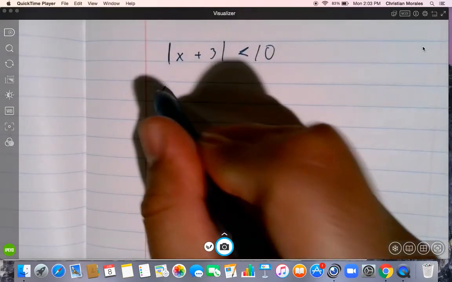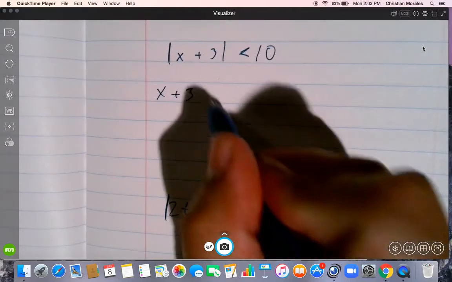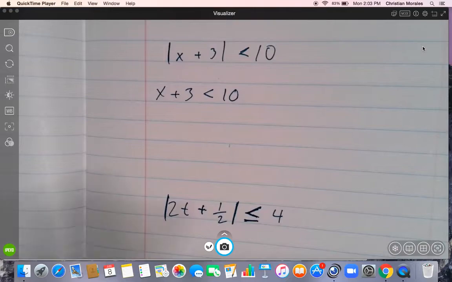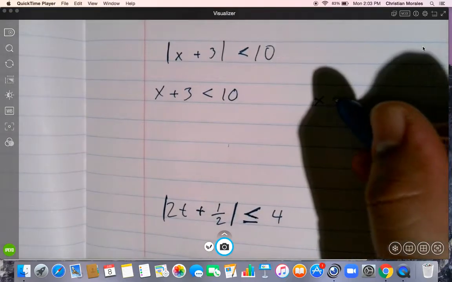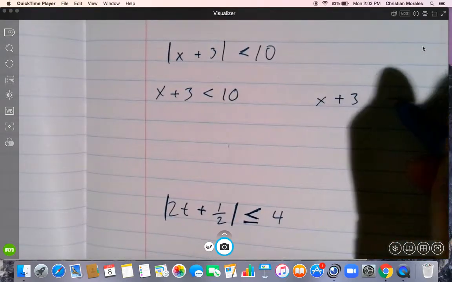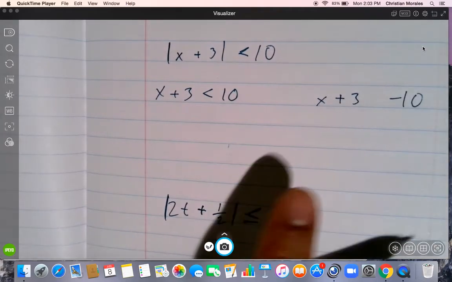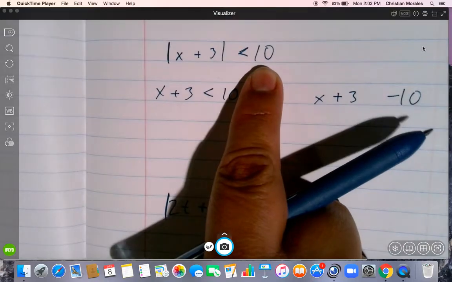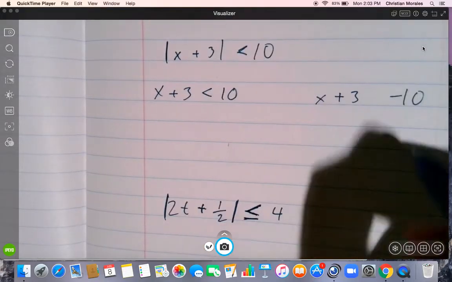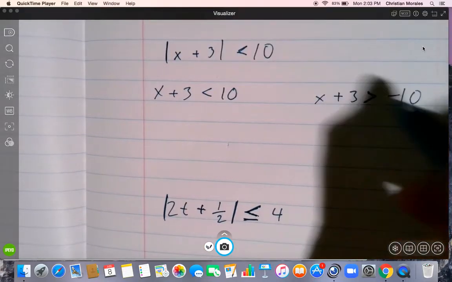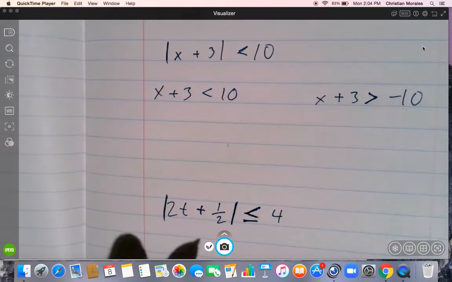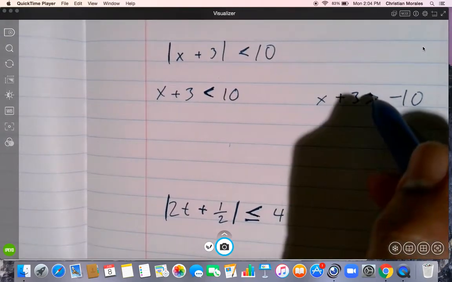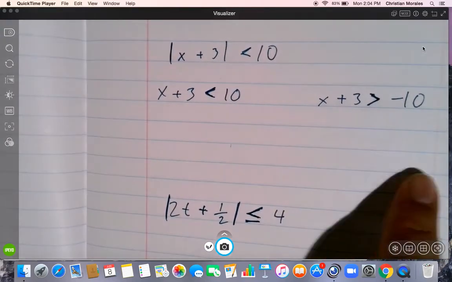Either this inside is less than or equal to 10, or it is a -10 that you work with. Now here's going to be the difference. If you change the sign of the 10, you have to change this sign. So you flip it. So you have one that stays the same, but with a negative you flip it. And you have to solve for both.